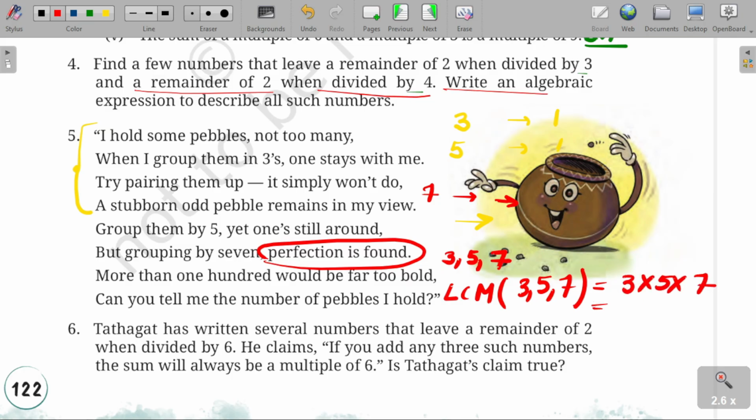No need to do the prime factorization method. Just multiply all the terms. You will get 105. There will be 105 pebbles, but one is still around, right? When it is the imperfect way, it will be 105 plus 1. So 106 pebbles are in the jar.